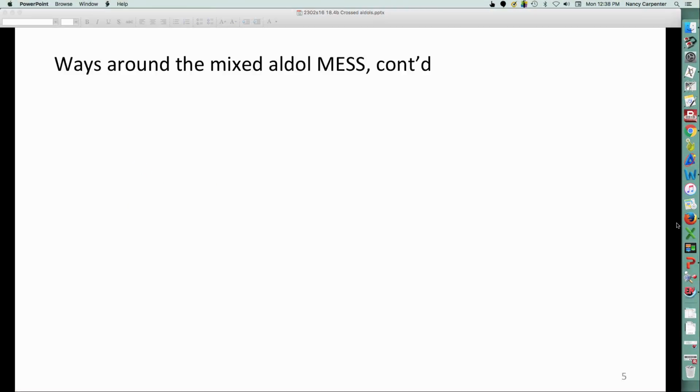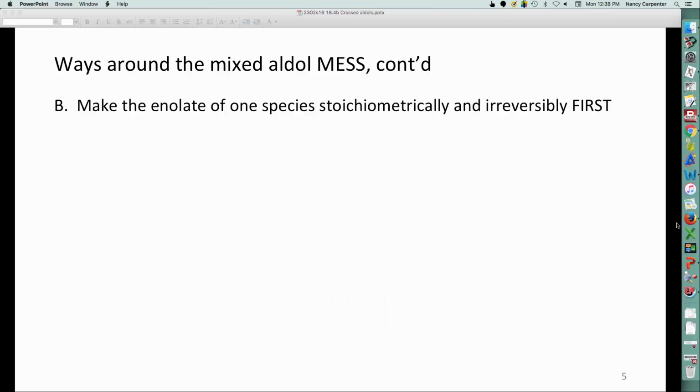Another thing you can do is just make sure that when you do try to do a mixed aldol between 2 species, you have figured out a way to make the enolate of the one you want to enolize, make it stoichiometrically first, let it just be sitting there, and then you can add the other. So let me explain. Here is my target.